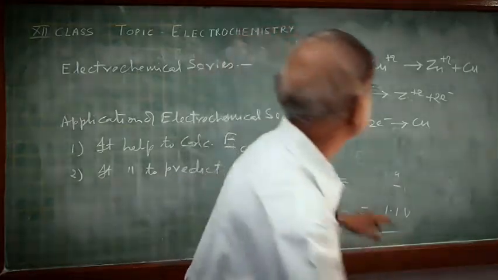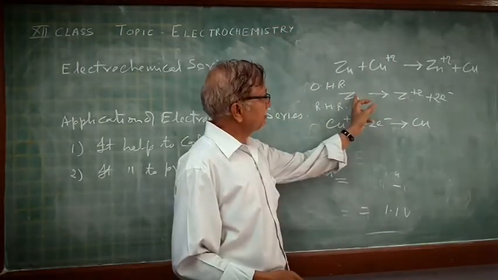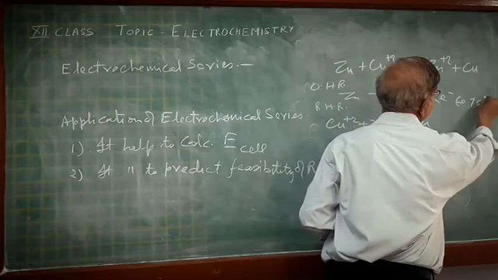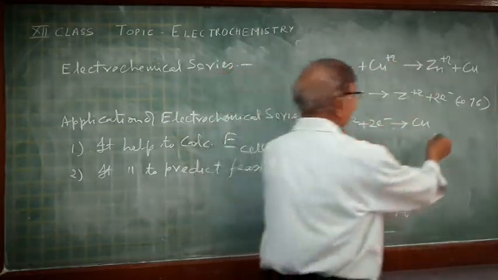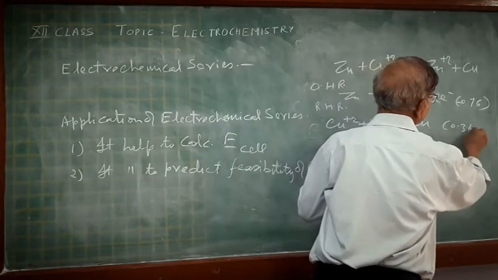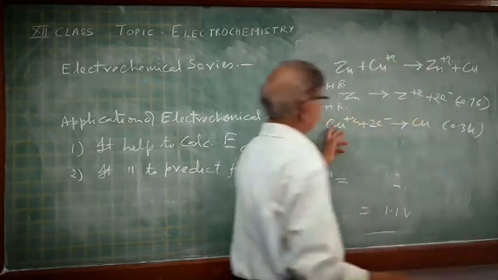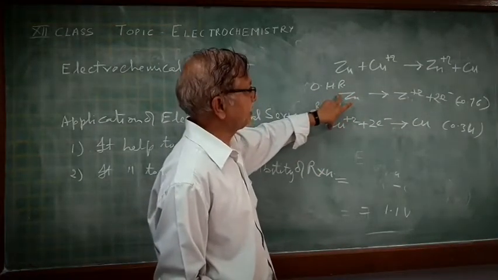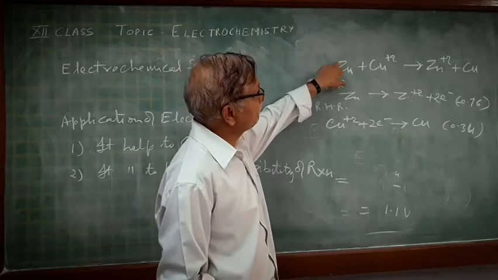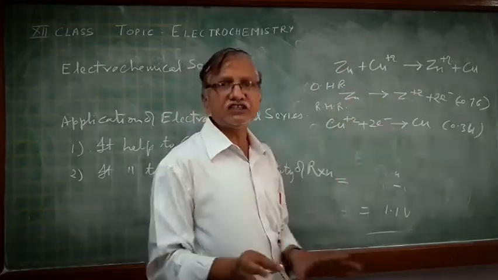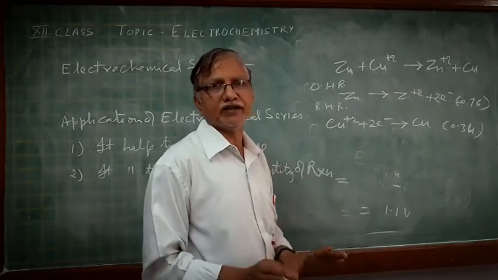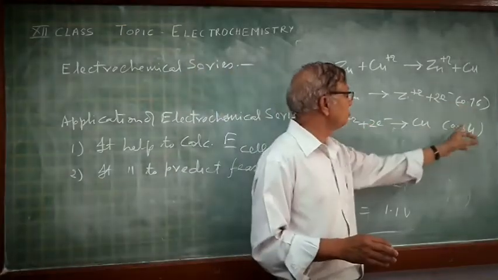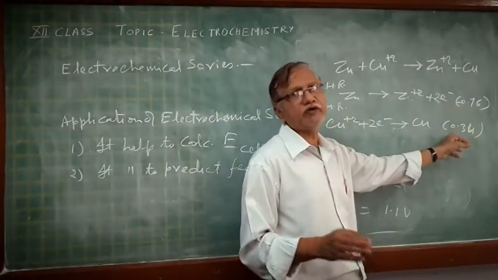For these two reactions, the reduction potential of zinc is minus 0.76 volt and the reduction potential of copper is 0.34 volt. Now if we add both half reactions, we get this reaction, and if the total E0 value becomes positive, it means this reaction will take place. If the value is negative, it means this reaction will not take place. For this, E0 cathode minus E0 anode will be 1.1 volt.